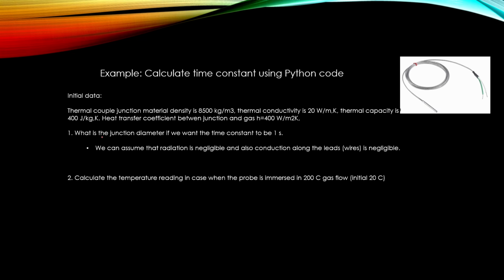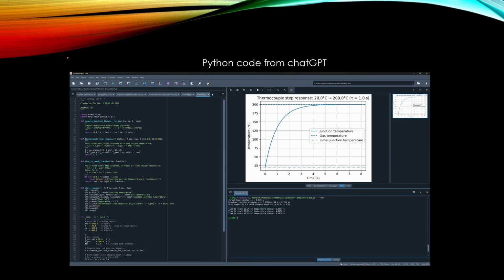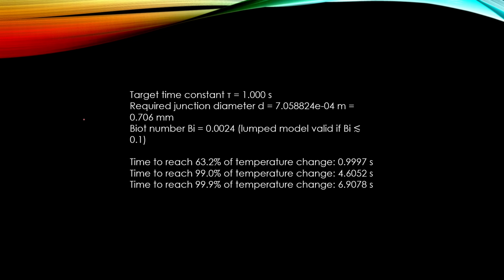And the first question is what is the junction diameter if we want the time constant to be 1 second? And the second question is that we need to calculate the temperature reading in case when we put this probe to 200 degrees C. I asked this code from ChatGPT and I calculated this case, and here we have the results.